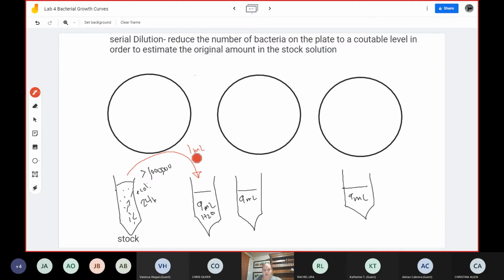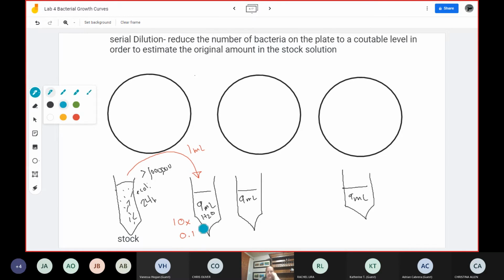If you have 1 milliliter of stock and 9 milliliters of diluent, this is basically a 1 to 10 dilution. So 9 parts water, 1 part bacteria. And so the amount of bacteria in this tube is going to be a factor of 0.1, or 10x less than the bacteria in your stock solution.